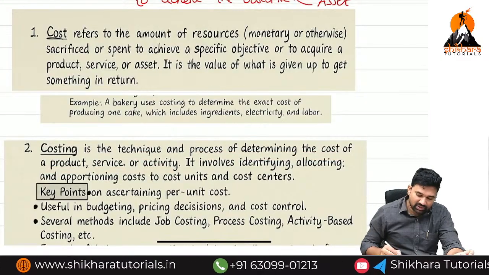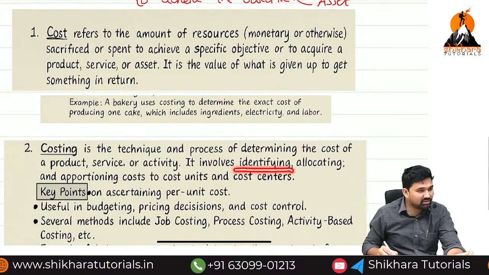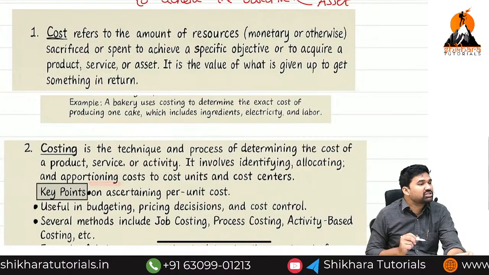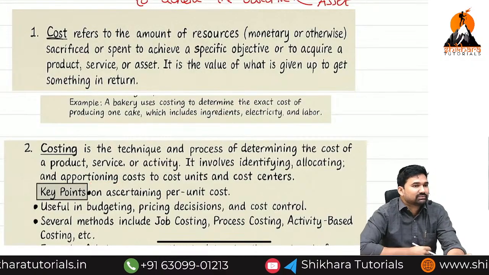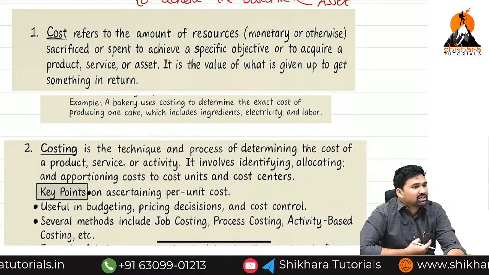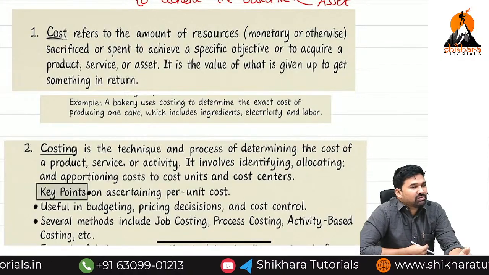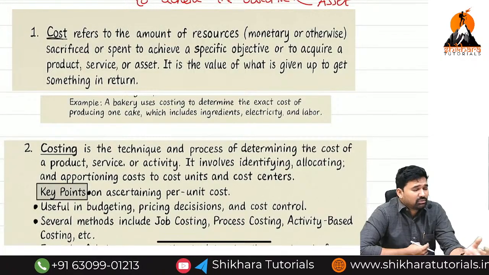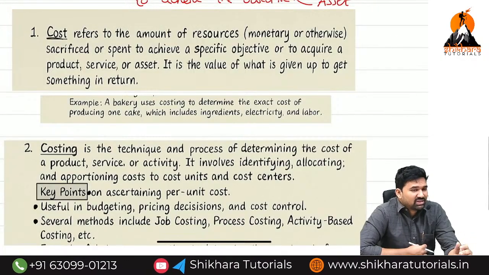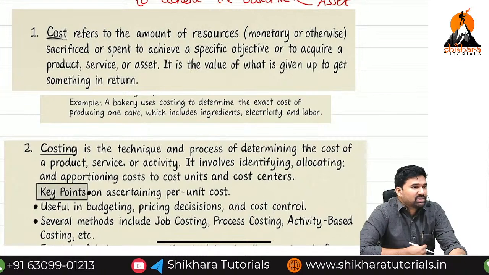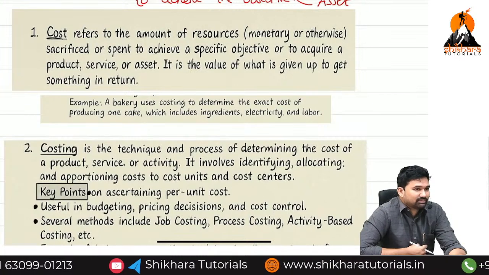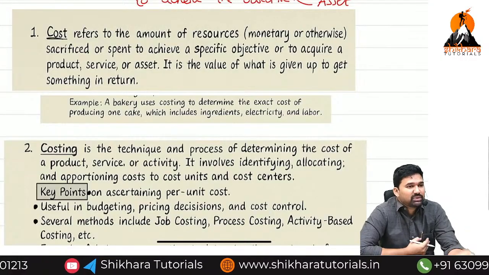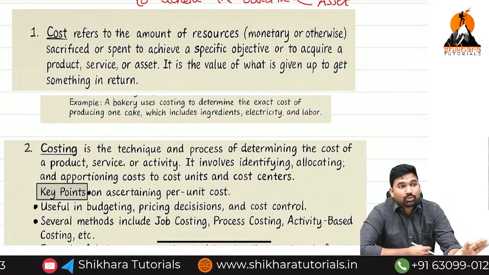Okay, so it involves identifying the cost, allocating the cost, and apportioning. Apportioning is nothing but sharing. Say for example, three of your friends went to the cinema hall by auto. For three persons, the Rapido auto person charged 90 rupees. How will you apportion the cost?